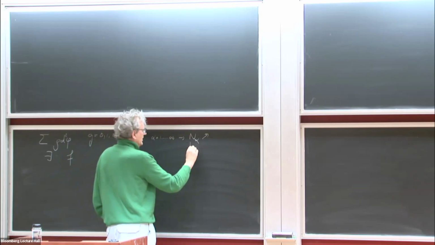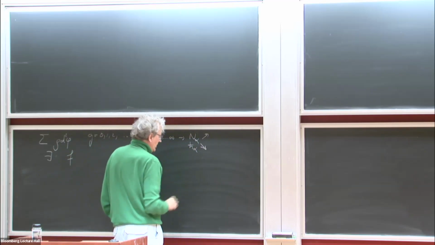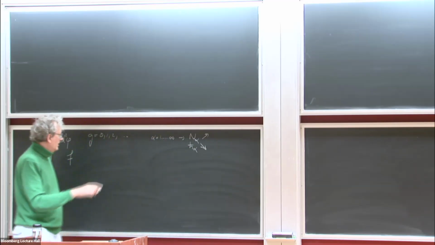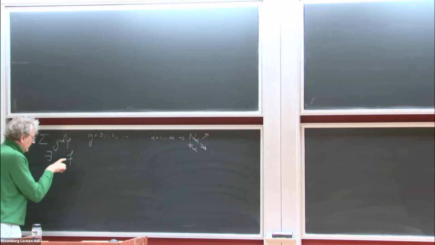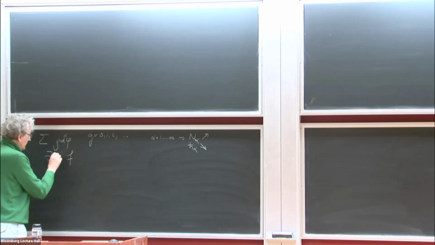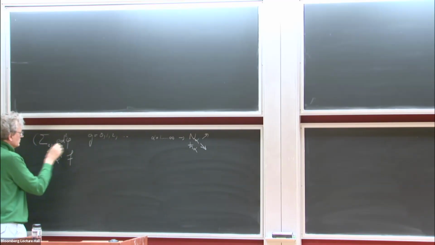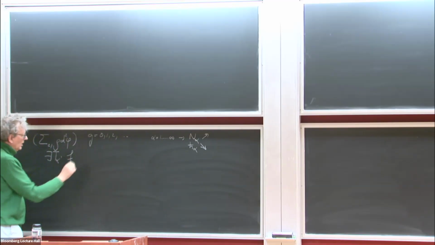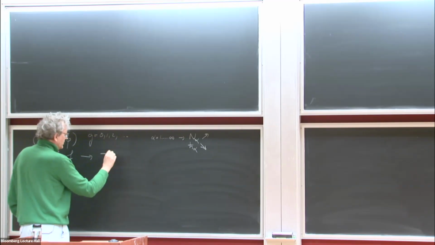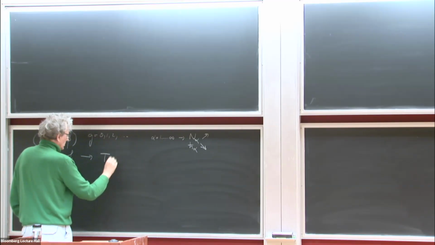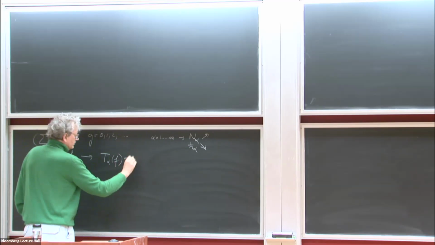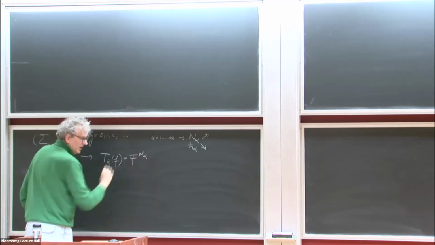And there exist real numbers h alpha, which decrease when alpha goes 1, 2, and so on. And the map is, so there exist maps T alpha, which map functions on the two-dimensional surface to matrices of size n alpha by n alpha.